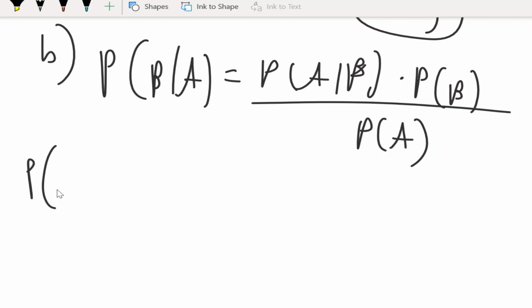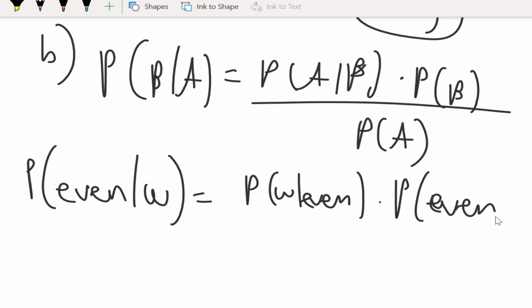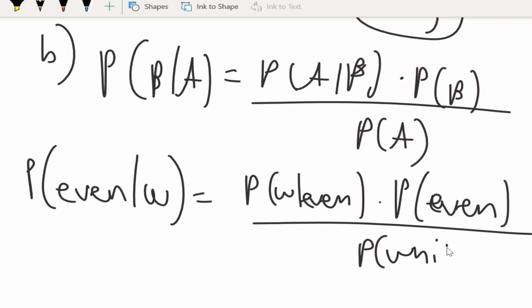P of even given white is equal to P of white given even times P of even, all over the probability of white.